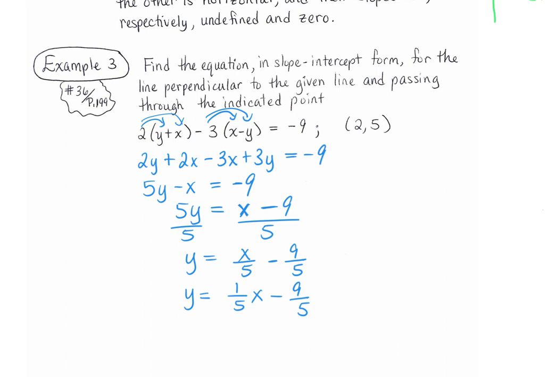We just want to rewrite this so we can identify what the slope is. So here, x over 5 is the same thing as 1 over 5 times x, because there's an invisible 1 in front of x. Are we good here? Yes. What questions do you have? So 1/5 is the slope, right? Yes, so all of that to say, we get m is equal to 1/5 here.